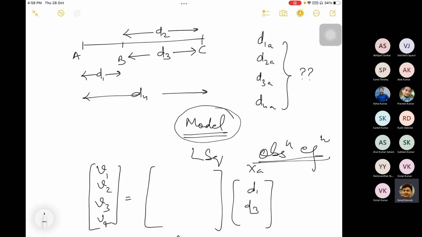You can take D3. That's it. If you want to take D2, then you can take D2. Again, now it's very easy. You do not have to waste time.